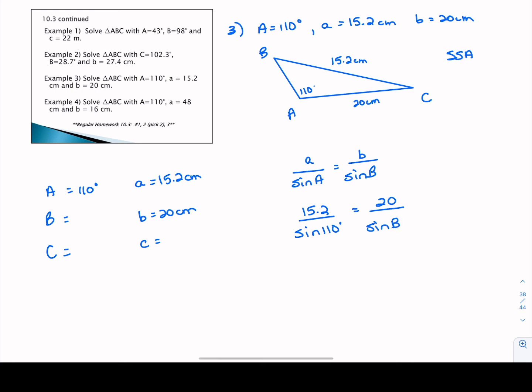So in this case, we're not solving for a side length, we're actually solving for the sine of angle B. We'll get the angle out of that by using an inverse function, but we're trying to solve for sine B. I can still use cross multiplication and division and say that if we want to solve for sine of B, we can take 20, multiply that by the sine of 110 degrees, and divide that by 15.2 units.